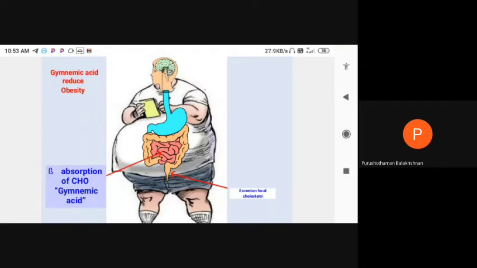That's why the Japanese and Koreans use Gymnema tea in their everyday life. What is the use of Gymnema tea? If they have obesity, the extra cholesterol in their body is extracted through the fecal material. So this is an advantage of gymnemic acid.